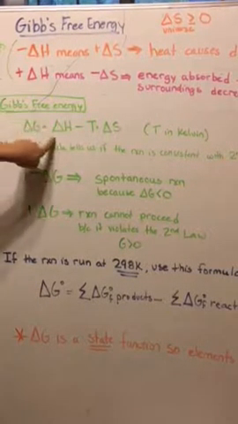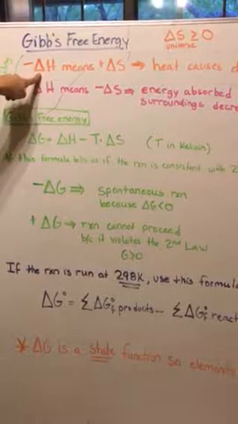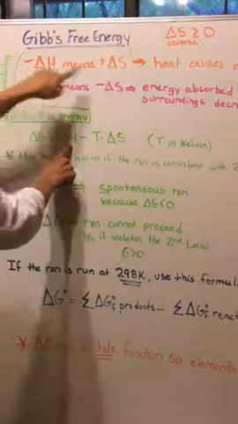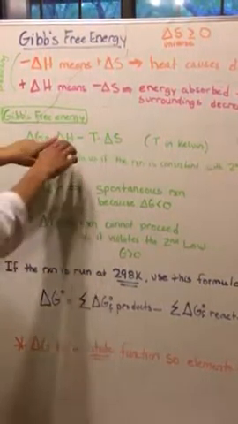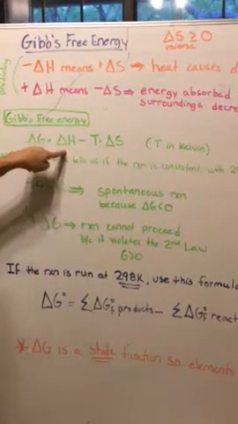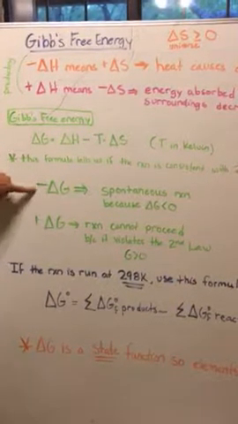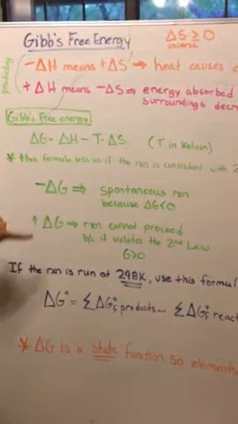These are the things I use in this formula. So if I have a negative delta H, a high one, and then I have a positive delta S, then I'm going to end up getting a negative number, because I've got a negative minus something, so I'm probably going to get a negative number, and that gives me a negative delta G. So that tells me that it will go spontaneously.